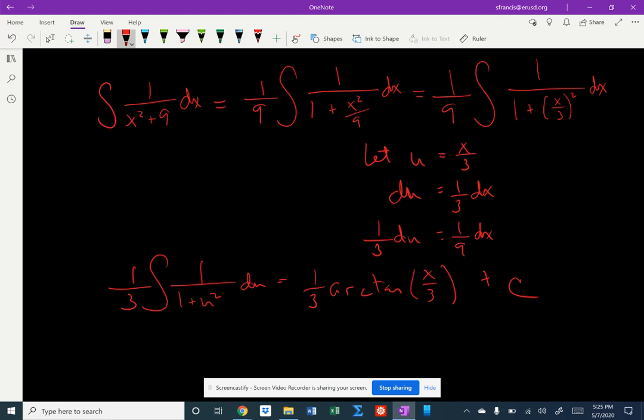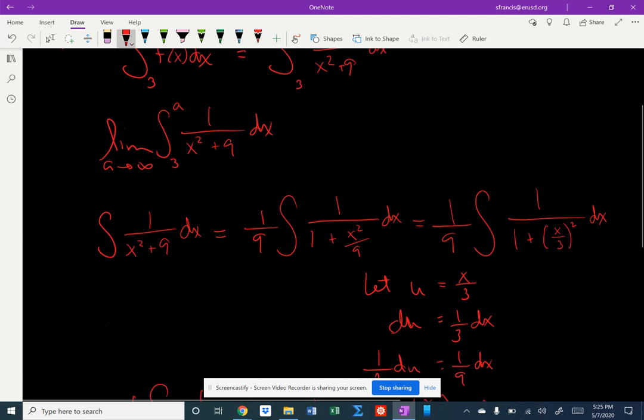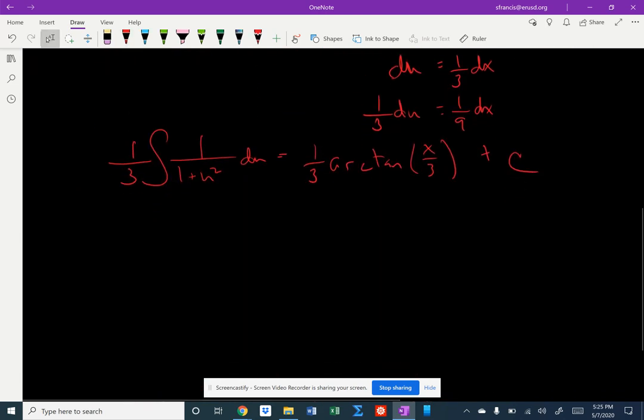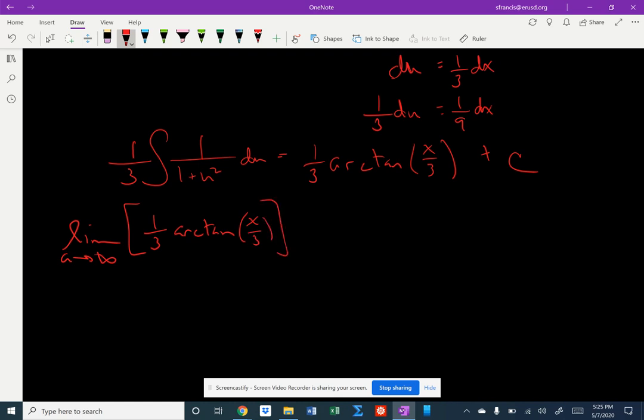And so that's our antiderivative that we're going to want to use in our limit and definite integral expression that we have up there. So this is going to become the limit as a approaches infinity of 1/3 arctangent of x over 3 from 3 to a, and again a is going to infinity.